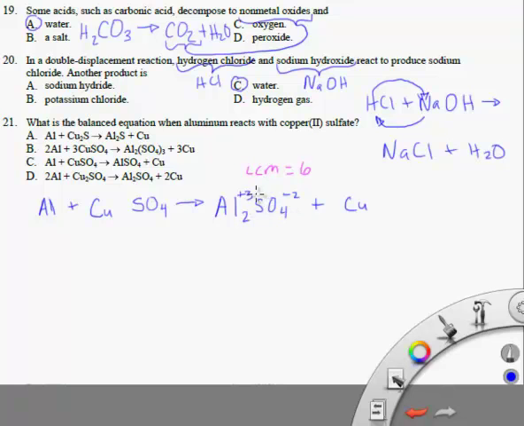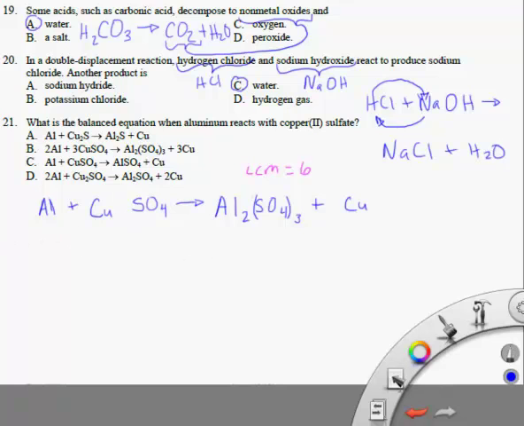Our subscript for sulfate should be 3, because 3 times 2 is 6. You get a -6 and a +6, which cancel out, net charge being 0. The oxidation states are not necessary in writing the formulas.